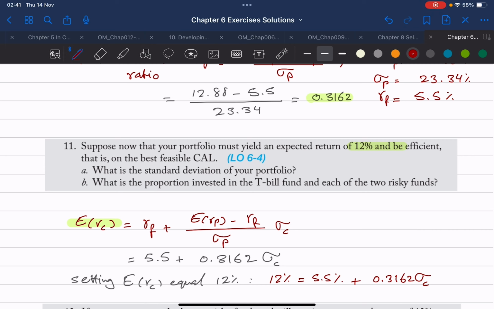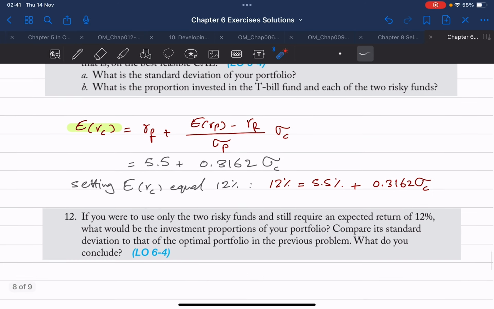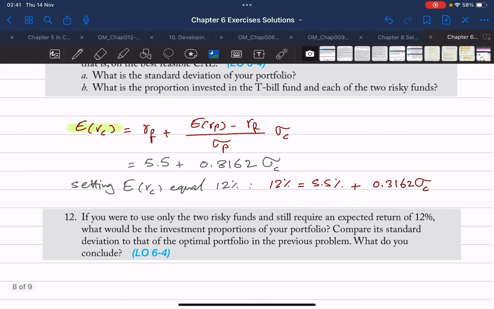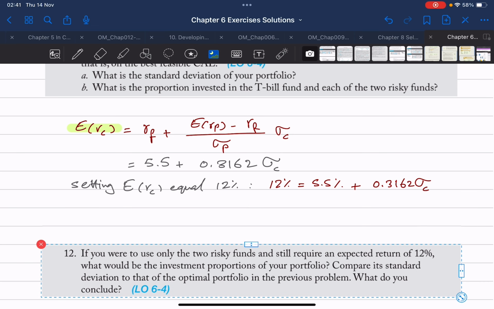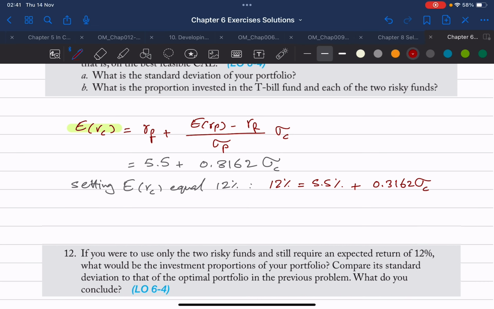Simplifying this, you're going to move the risk-free rate to this side and turn it into a negative. I don't have enough space here. Let me move the following question a little bit to the bottom so we can show you step by step.